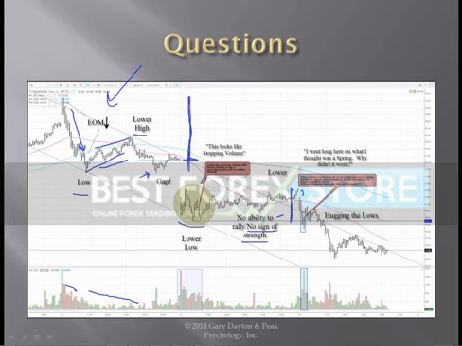If this really and truly was stopping volume, and by the way, it would be over here, then you have a little rally here, you come back, volume is kind of drying up. Well, then you should have seen this volume start to come in here.